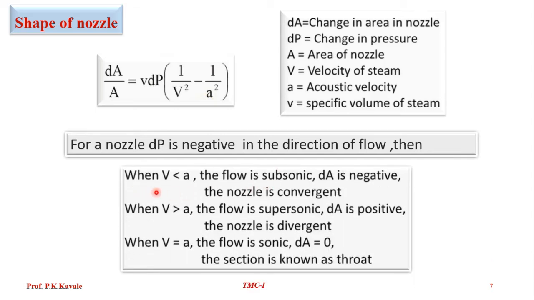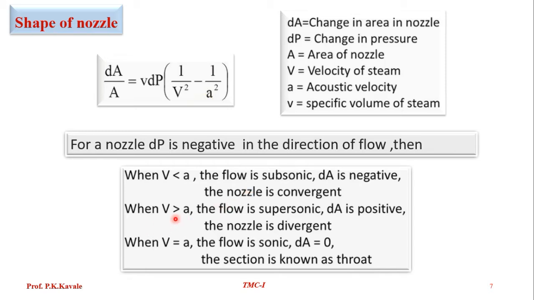Now there are three conditions of the velocity. If the velocity is less than the acoustic velocity, this bracket becomes positive. Negative multiplied by positive makes the entire right-hand term negative. So dA is negative, which means the area decreases. When we want a subsonic velocity, we use the convergent nozzle.